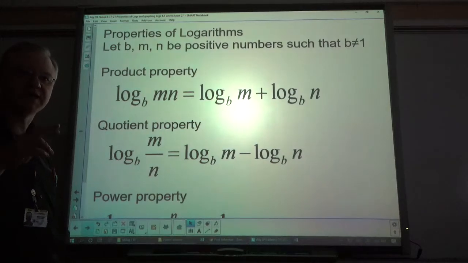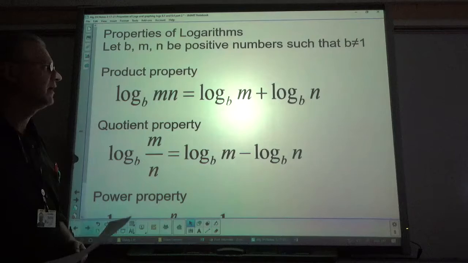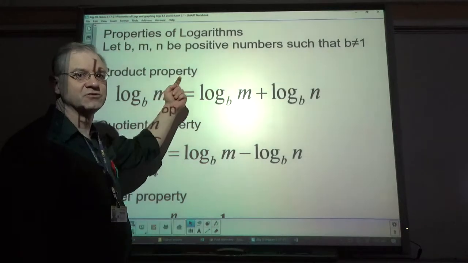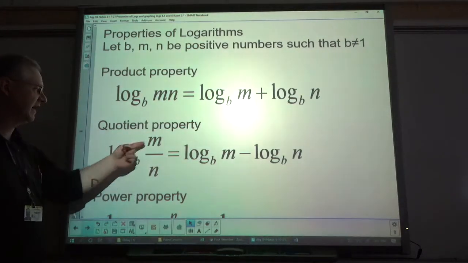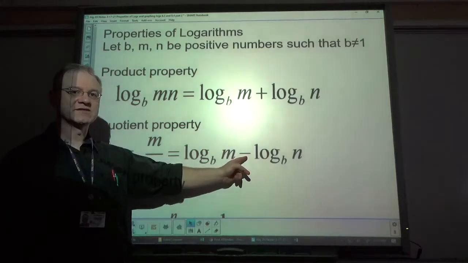You'll notice the connection between exponents and logs, that when you are multiplying bases, you add their exponents. When you are dividing, you change it to separate logs subtracted.